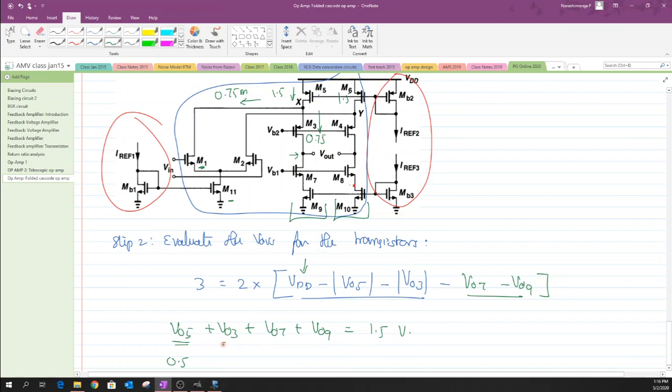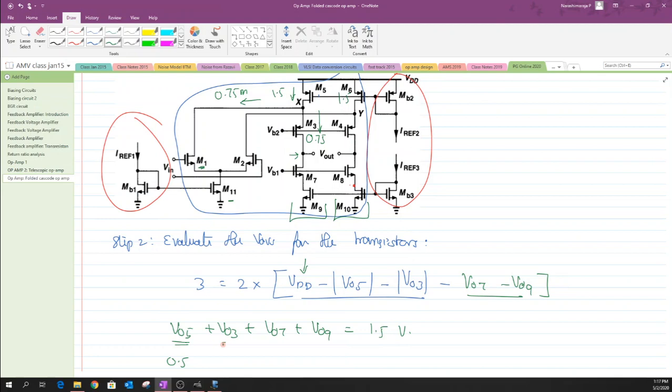Now the values of VOV that we would use for these structures is again based on whether we are dedicating more value of VOV for a PMOS or NMOS, right? Since a PMOS device has a lower mobility compared to an NMOS device, we would generally tend to give some sort of more VOV value to a PMOS device rather than for an NMOS device.